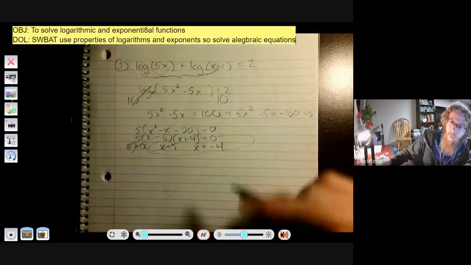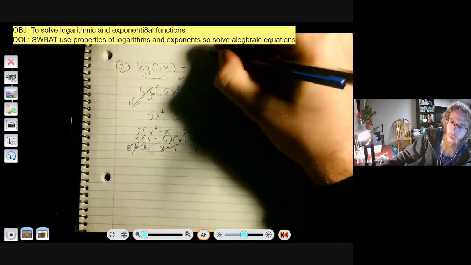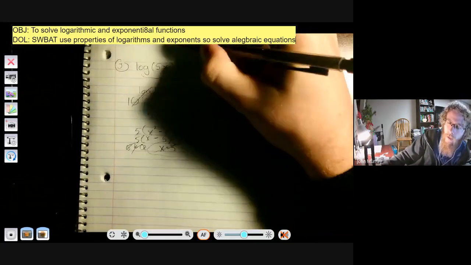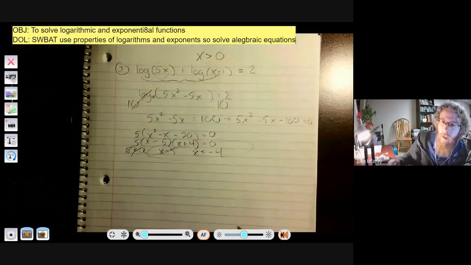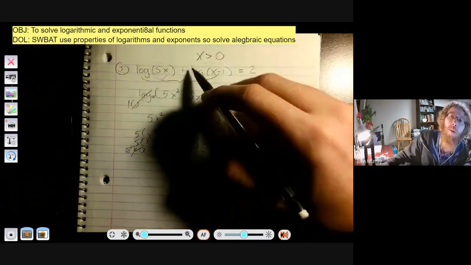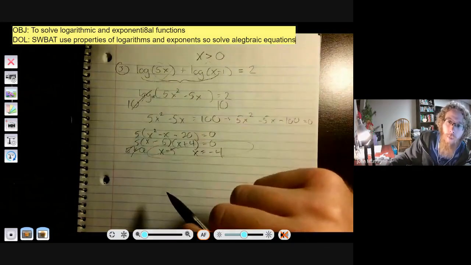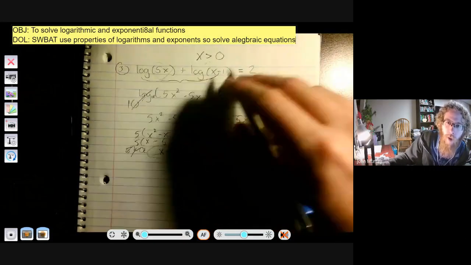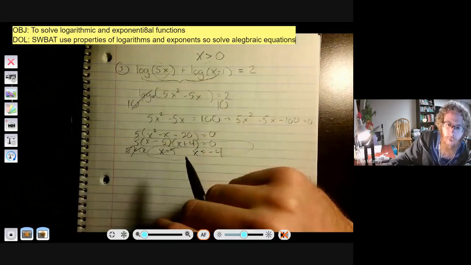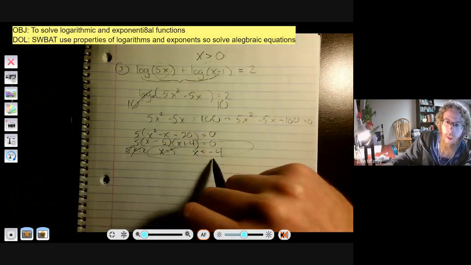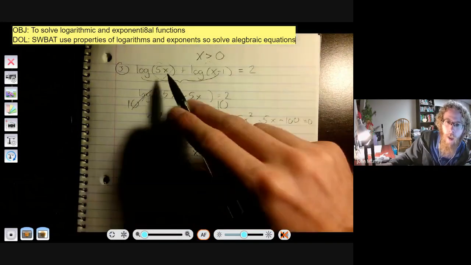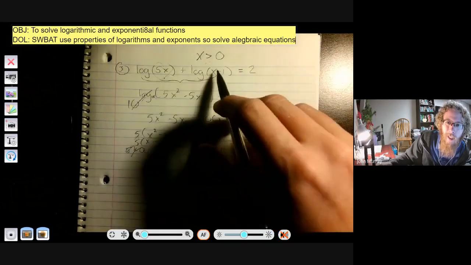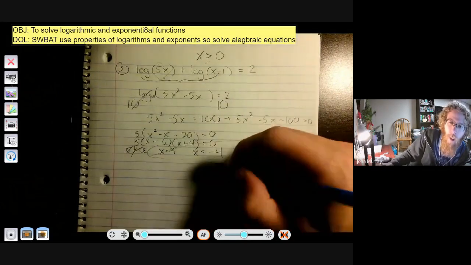But remember, for logarithms, what we plug in has to be greater than 0. So if I plug in 5, I get 25 and I get 4, so that's no problem. If I plug in negative 4, I get negative 20 and negative 5 here. We cannot do that.